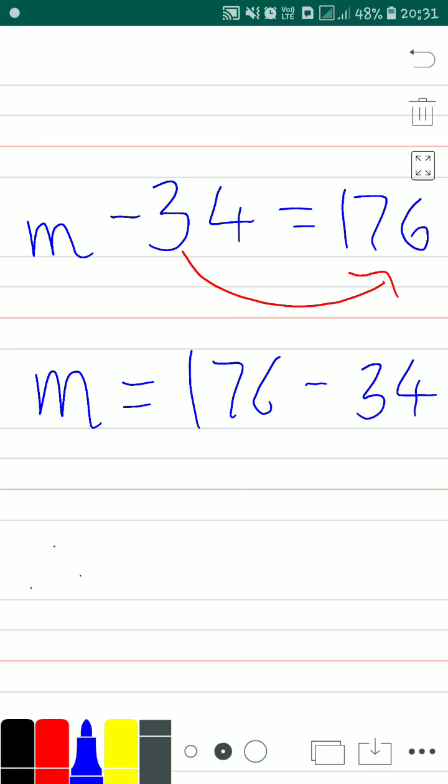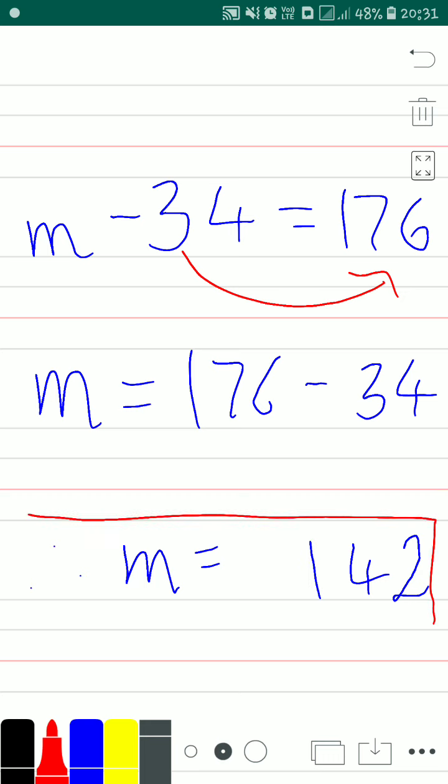Okay, therefore m is equal to 142. Okay, this is going to be our final answer.